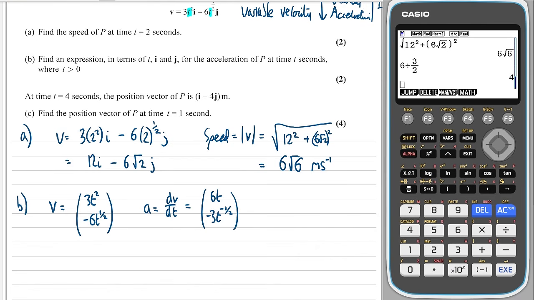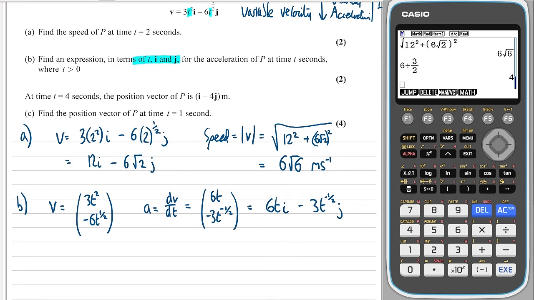Oh no, it's not actually, because it does say an expression in terms of i and j. So I would have to convert that back into ij form. I'll do that very easily just by writing out the top row as the i, and the bottom row as the j.